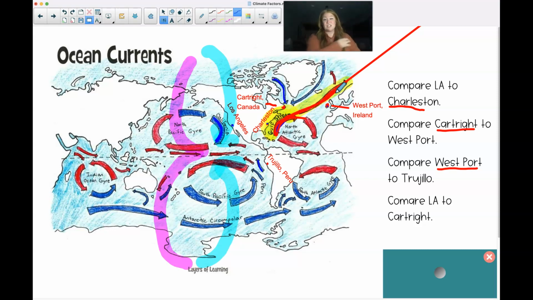So that water can really make a difference of, is it going to be cold coming across? Is it going to be warm? So when our wind blows across here, we're getting cold water coming across here. It's been cold and it's coming across. So that can definitely affect our temperature even in Utah, even though the ocean is not anywhere near us.